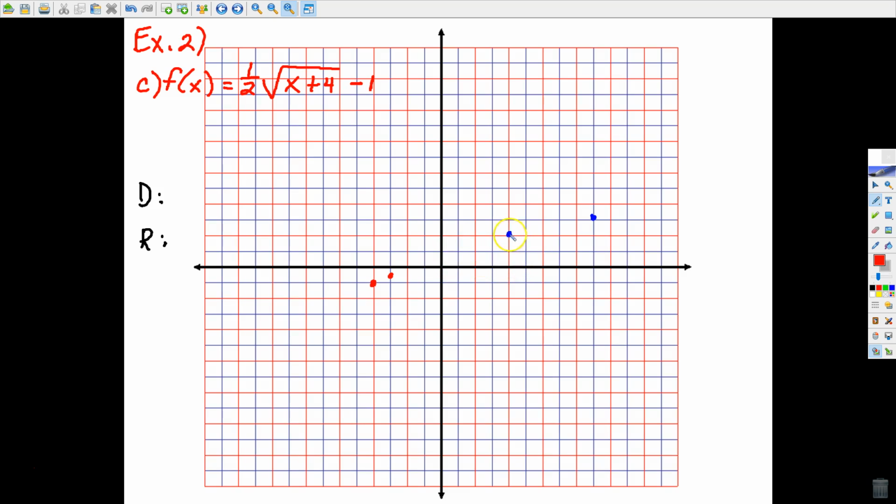Alright, let's move over here. This has a y-coordinate of 2, but when I multiply 2 times 1/2, I get 1. So instead of showing 4, 2, which is what the parent has, the red is going to have 4, 1, at least in the beginning. And now we're going to shift 4 to the left and 1 down.